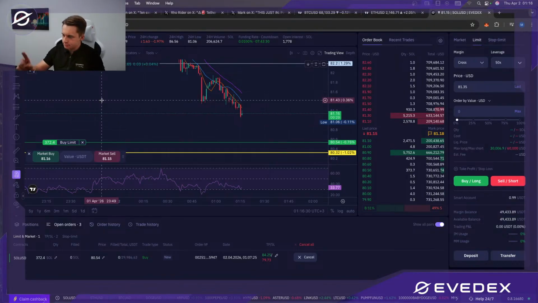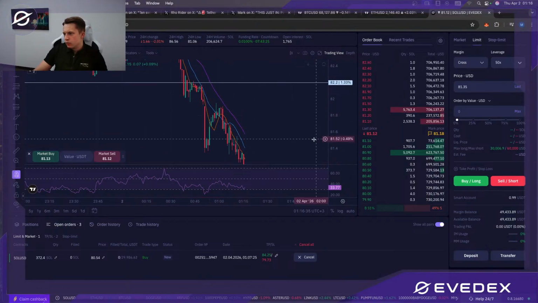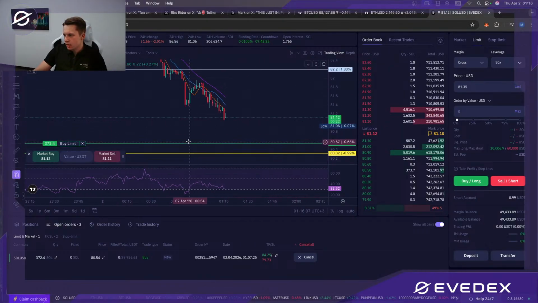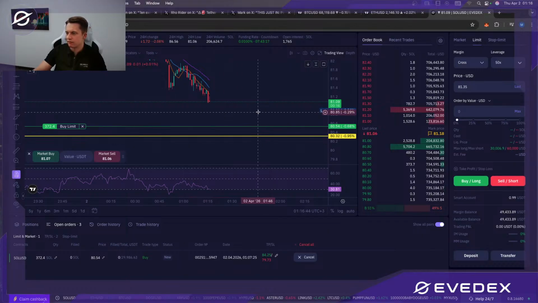What we want to see is that continuation for this downward move. And our buy limit is right here, and the support level is just there.